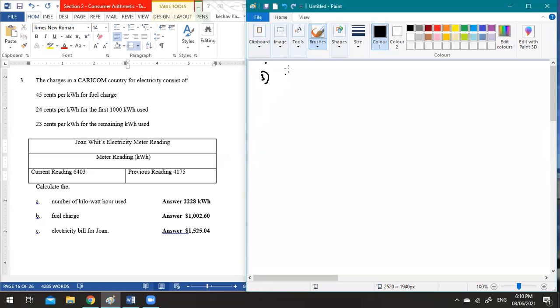So number 3, right? The rates as followed. The usage will be the current reading minus the previous reading. Right, so 6,403 minus the previous reading, 4,175. I think this is in kilowatts per hour, right?